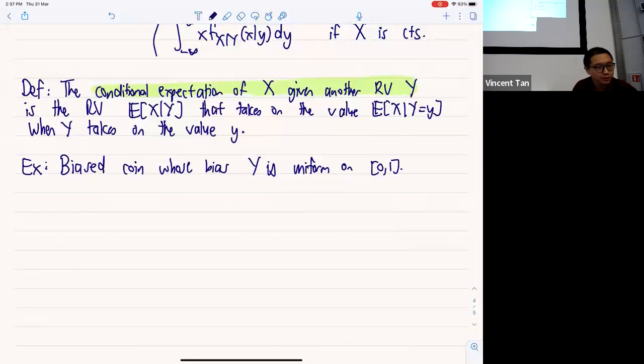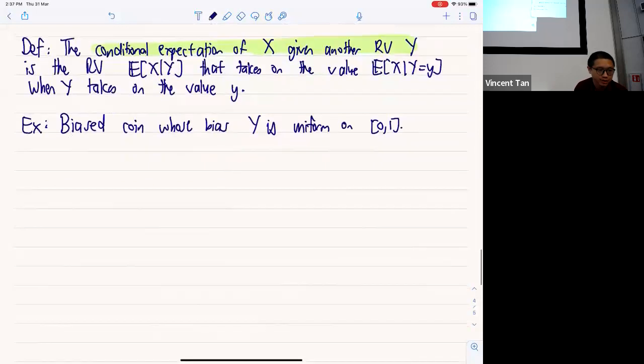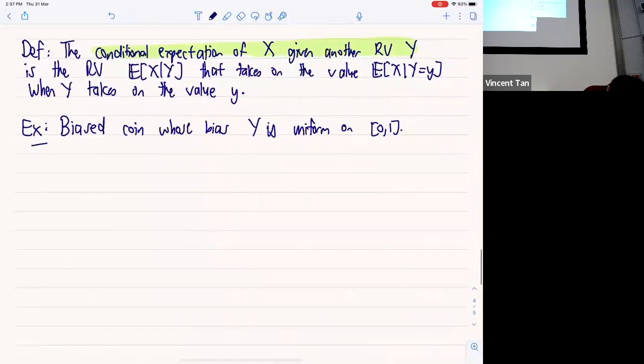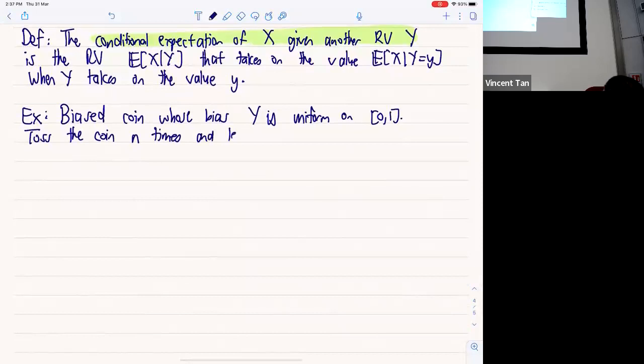But before we ask questions, let's understand the notation first. After we have this bias capital Y, we toss the coin n times and let X be the number of heads.